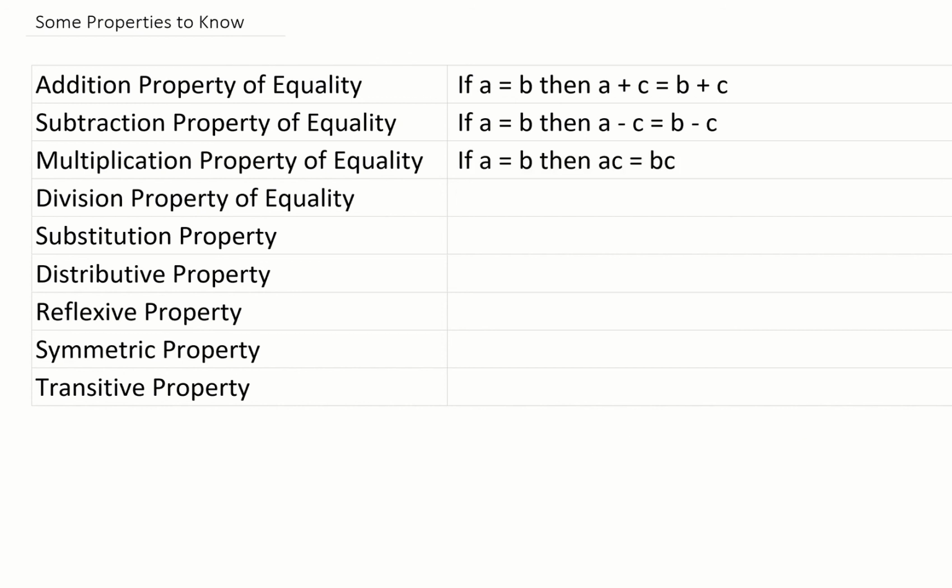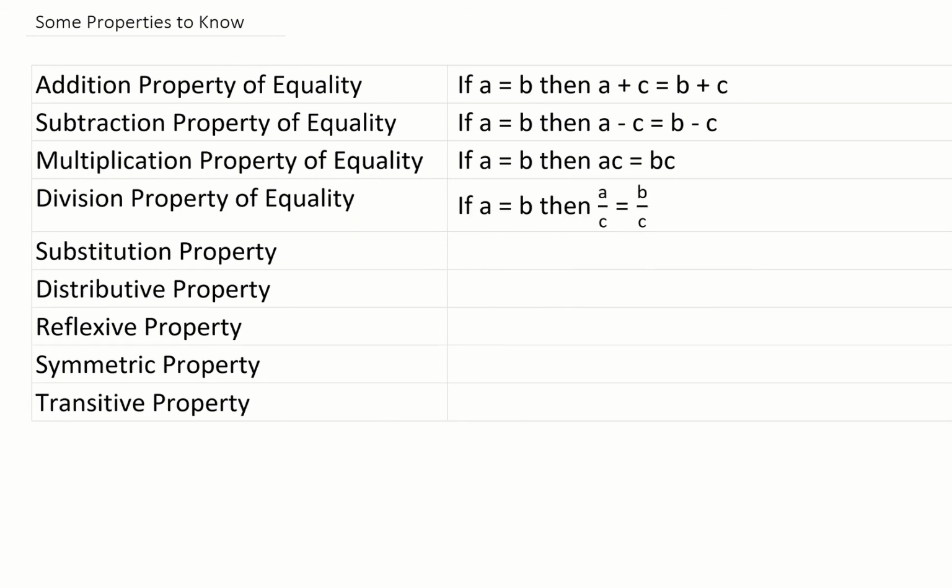The multiplication property, you're multiplying the same number on both sides. So for example, X equals 5. If I multiply by 2, then that'll be 2X equals 10, 2 times 5. The division property is the division version, so again, if I divide by 2 on one side, then I have to do it on the other side. Now the substitution property: if A is equal to B, then you can take A and substitute it for B into any equation.